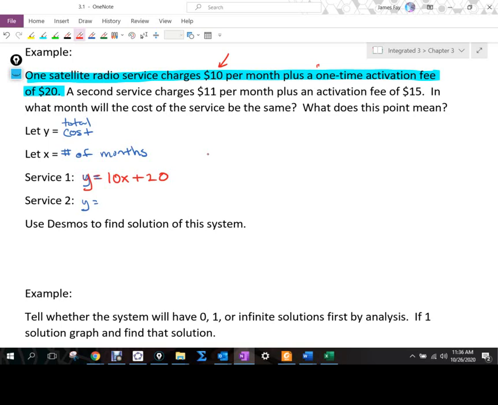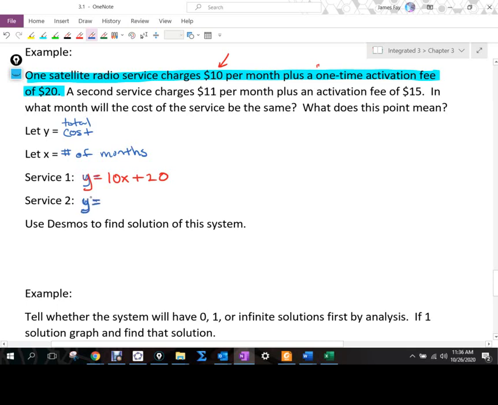So that gives me the total cost that I've paid for that service after so many months. That's not what I'm paying every month. Every month I'm paying just 10x, or just $10. That's what I've paid total as I've owned the service.